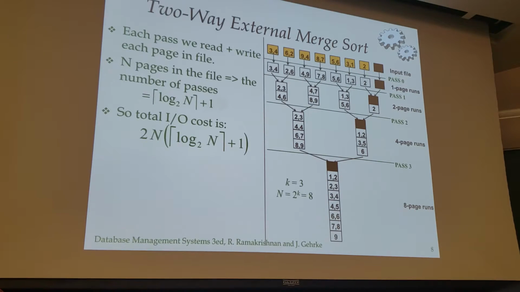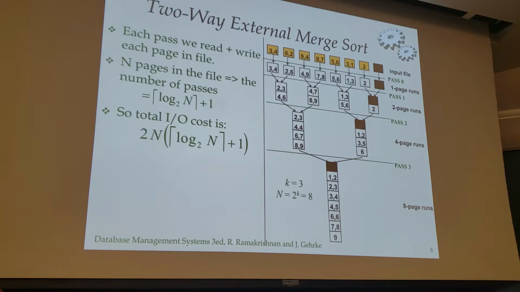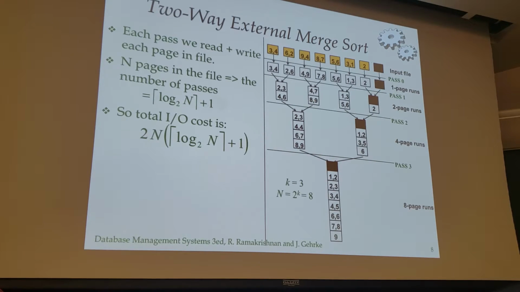How many passes do we have to do? Well, you take log to the base 2 of n, and you take the ceiling of that, plus 1 more to be able to get the result, because pass 4 is what ends up producing the result. So you see the result for pass 3, and then we merge that together to get the result of pass 4. So log to the base 2 of 13 is a little bit less than 4.